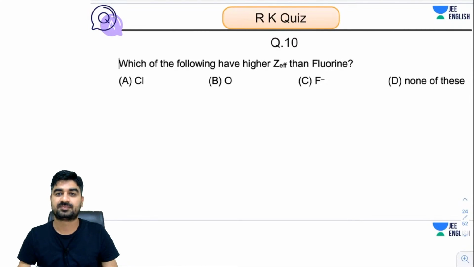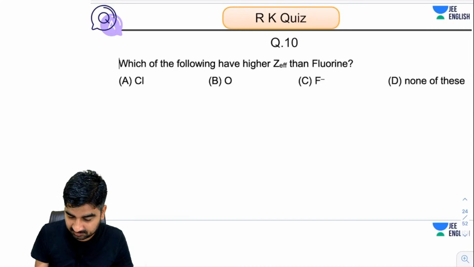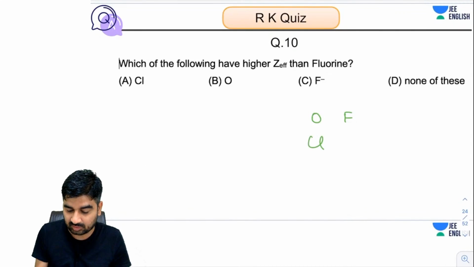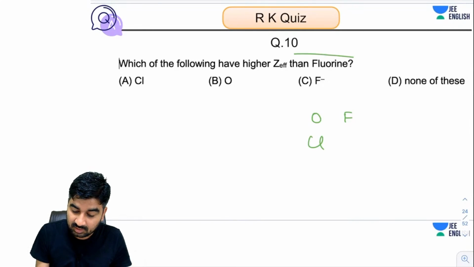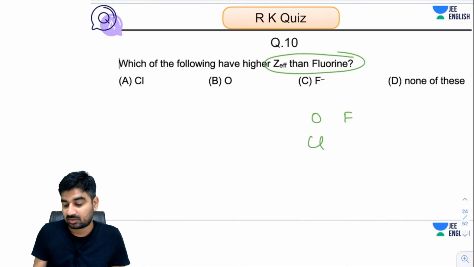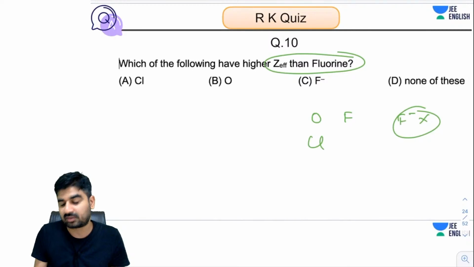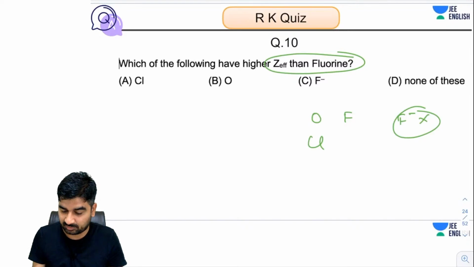So now arrange oxygen, fluorine, and chlorine. So basically, it is asking higher than fluorine. F minus will have lower, because after accepting one electron, F minus does not want to accept an electron. So net attraction will be reduced. So it cannot be the answer. Higher than fluorine.